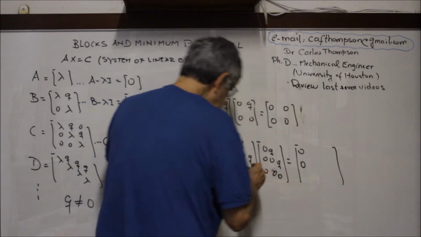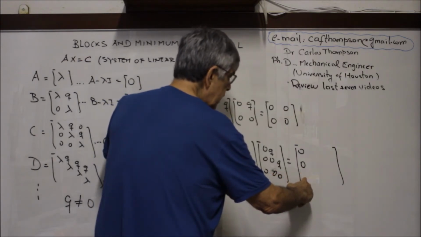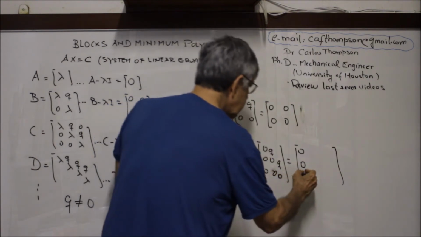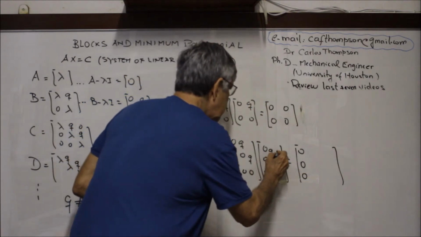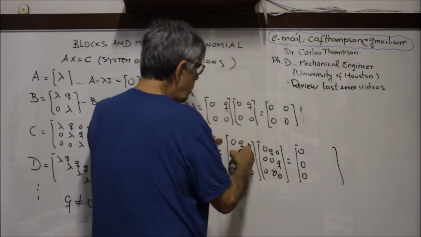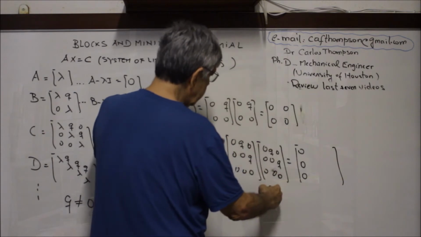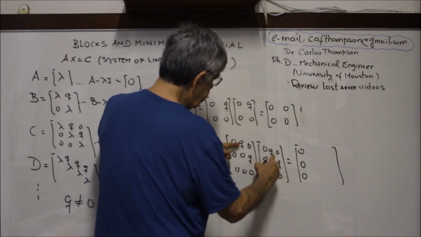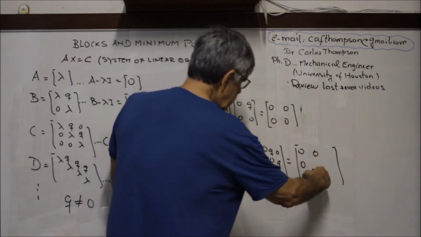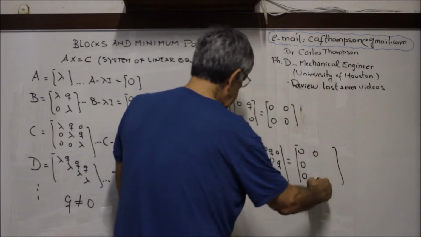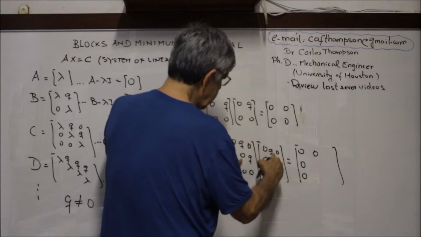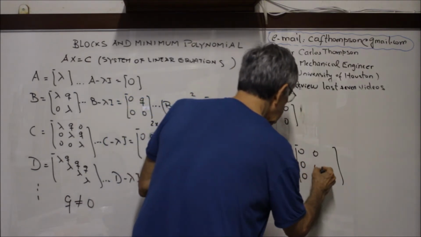Now, third row, first column will be 0. The second column: first row, second column, 0 times Q plus Q times 0 plus 0 times Q is 0. Second row, second column: 0 times Q is 0, 0 times 0, and Q times 0 is also 0.